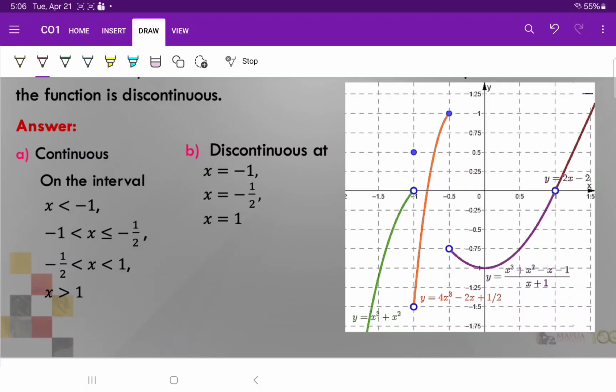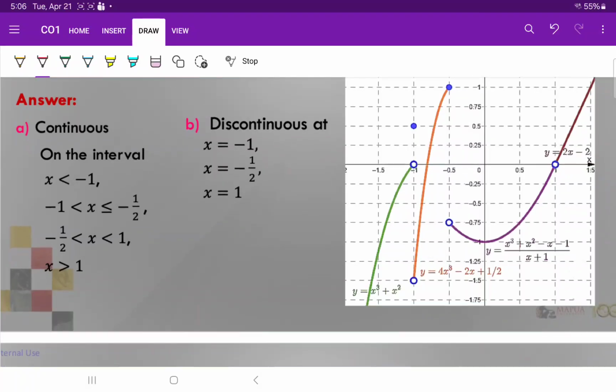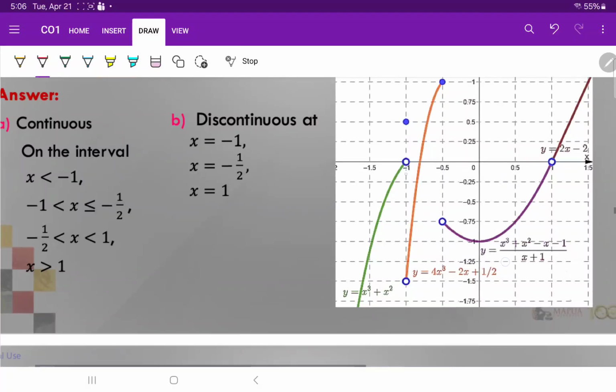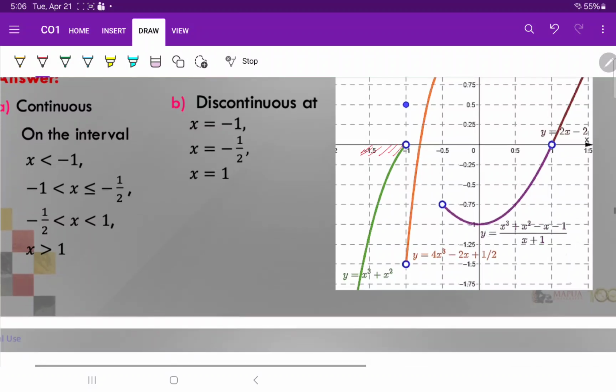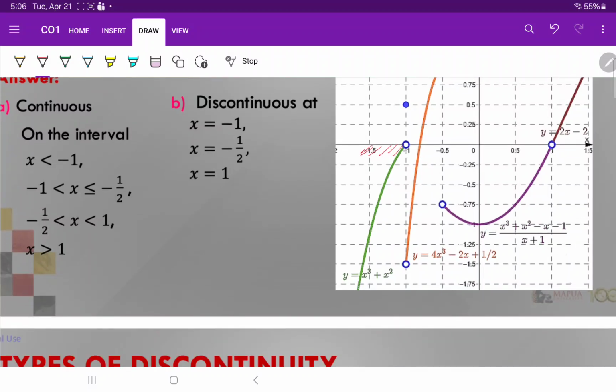Now, from this graph, you could see that on the interval wherein x is less than -1, if you look at this graph here, this is the region less than -1. It's on this side, right? And you can see that the graph of the green function here is continuous, up to -1.